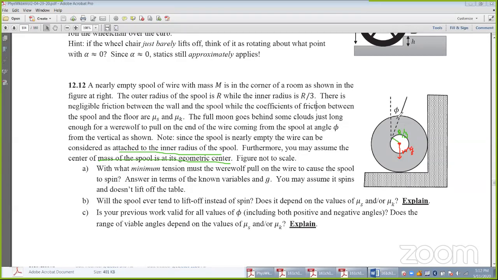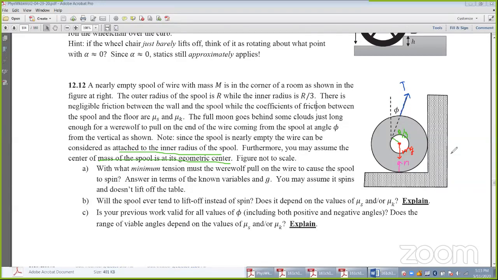And so now you're pulling it this way, right? Oops, sorry. We're pulling it here with some tension. Then down here, there's a normal force.